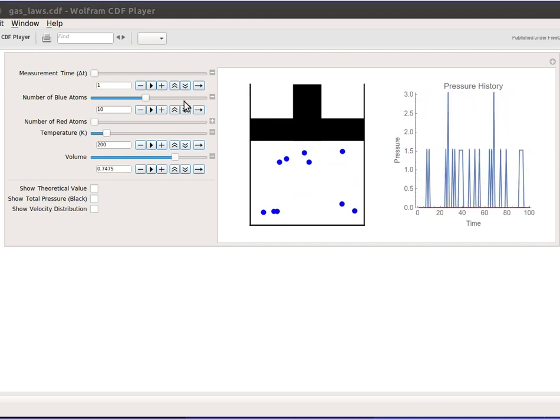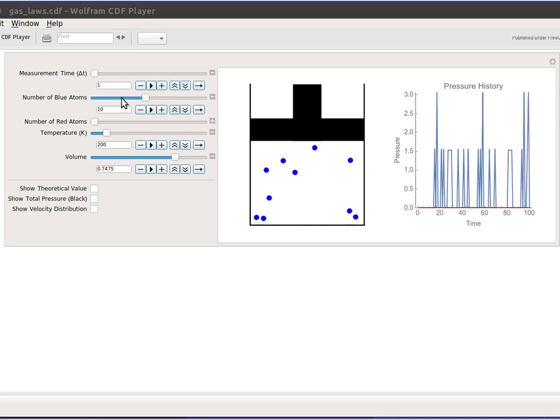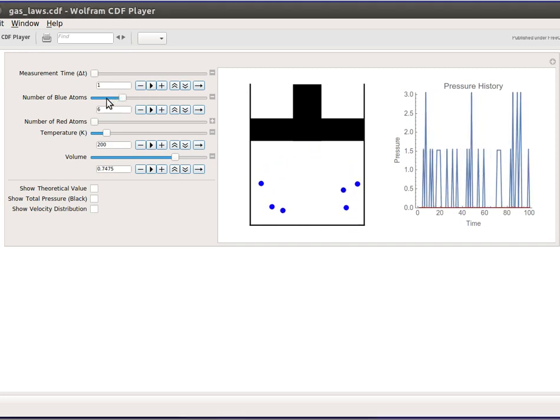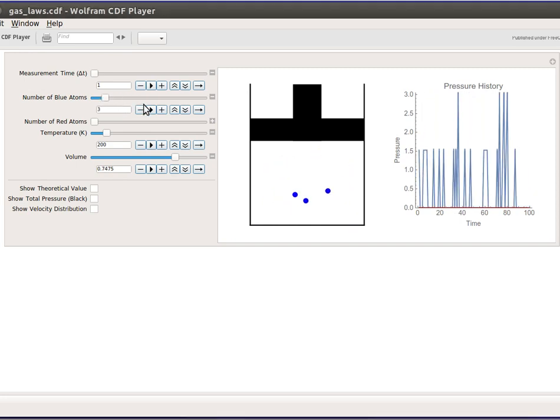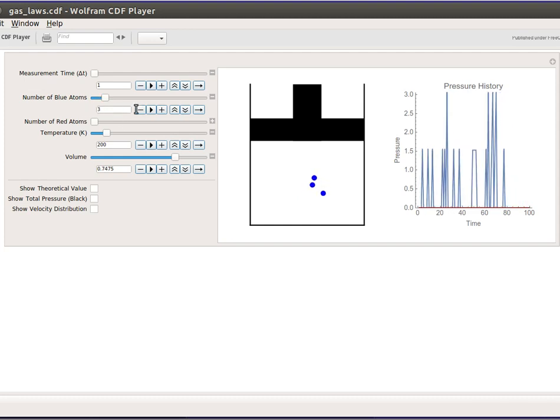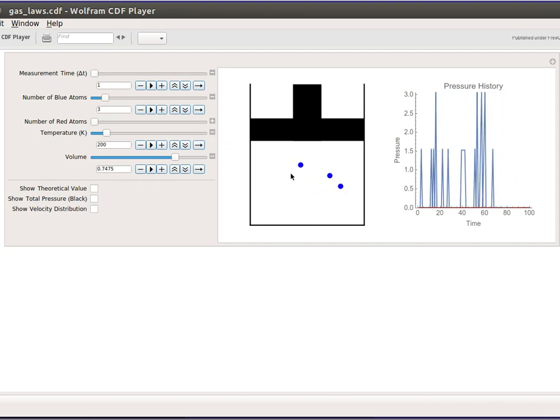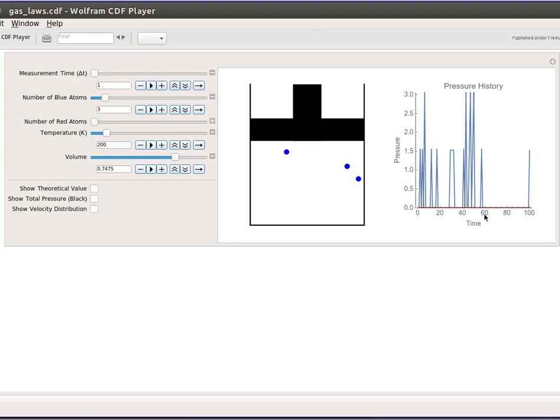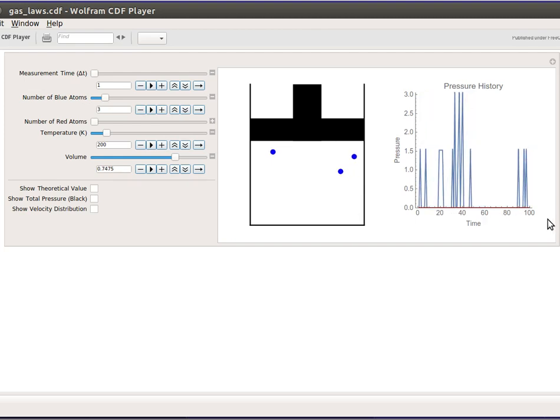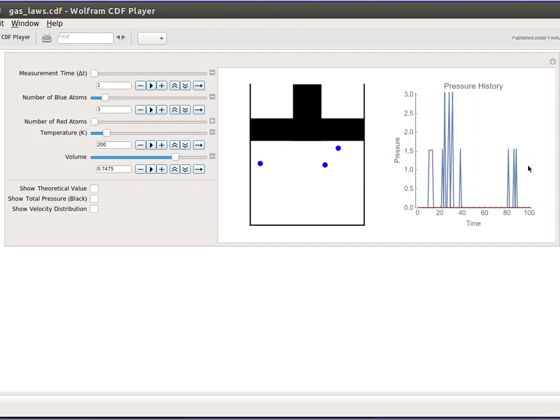This becomes more apparent if we shrink down the number of atoms: every time an atom hits the side of the container, there's a blip on the pressure history.